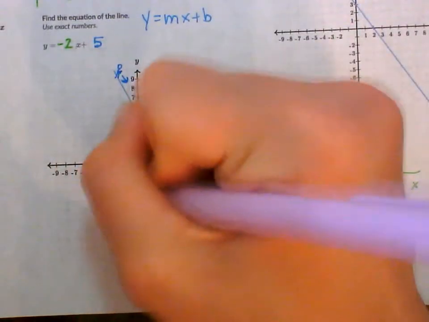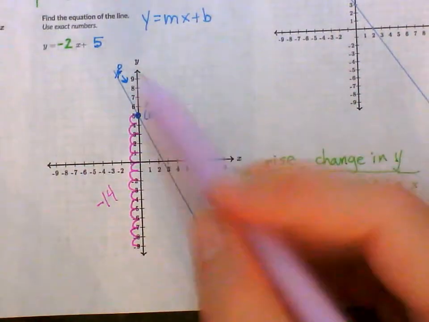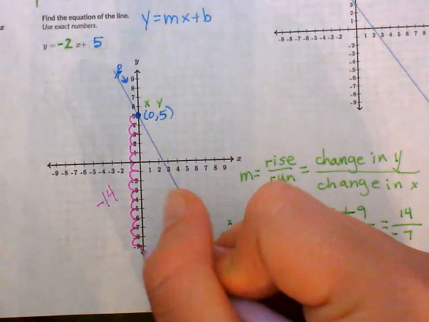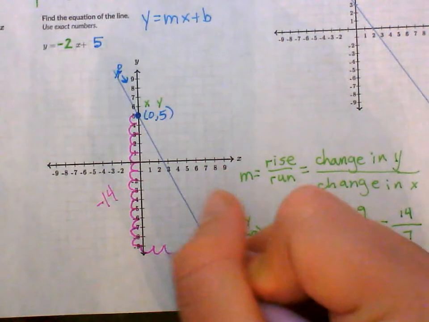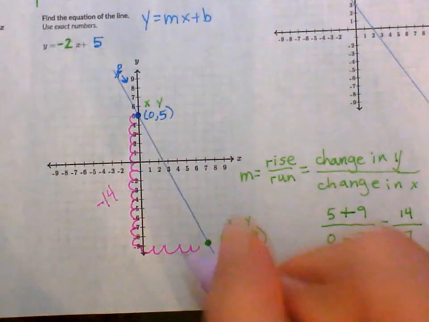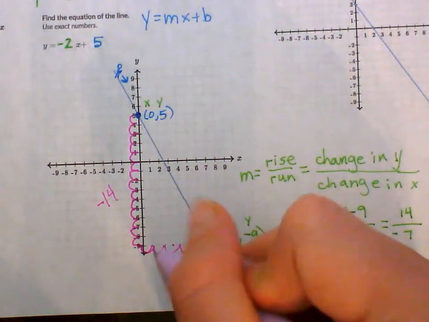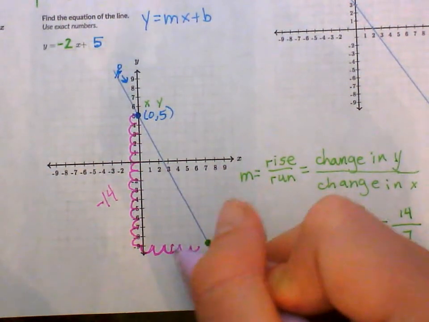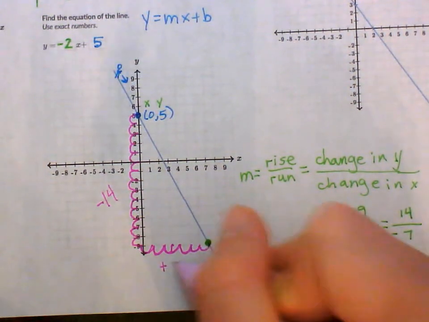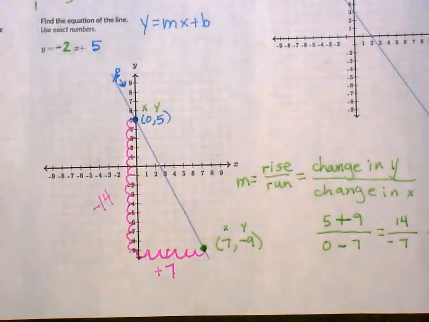So I went down 14. So I dropped 14, ran. Wait, I messed up. I skipped one right there. Sorry, 1, 2, 3, 4, 5, 6, 7. To the right is positive, so plus 7.